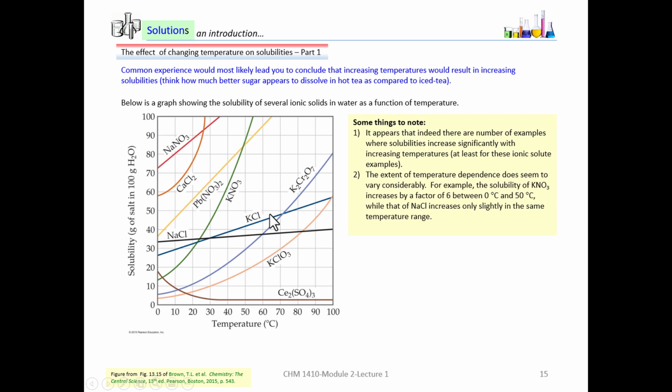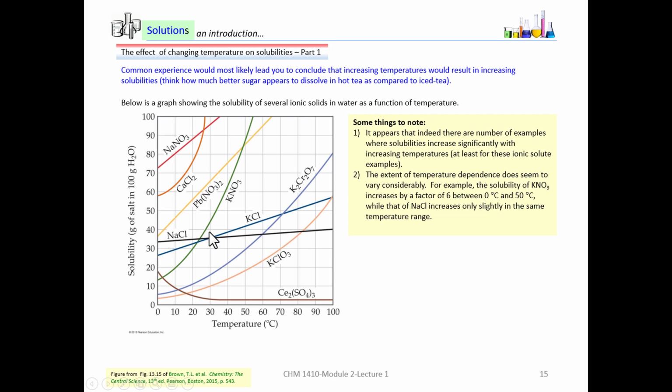Now, the extent of the temperature dependence does seem to vary considerably. So, for example, if we compare potassium nitrate, this green curve, where the solubility increases drastically from close to 0 to 50 degrees, about a factor of 6, with sodium chloride, which barely increases in solubility as you increase the temperature over the same range, around 0 to 50, and even beyond, it doesn't seem to increase in solubility that much.